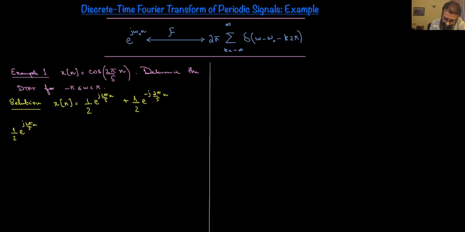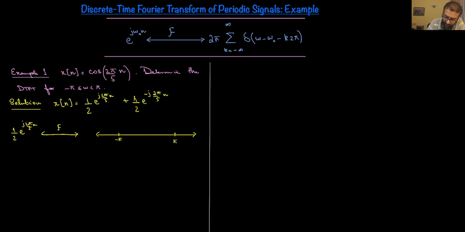So if I take the Fourier transform for this, from our previous discussions, this is just going to be a train of impulses in the frequency domain where the first impulse is going to be at 2 pi by 5. So let's say this is the frequency domain, and because we're only interested in the Fourier transform between minus pi and pi, let's say this is minus pi and this is plus pi.